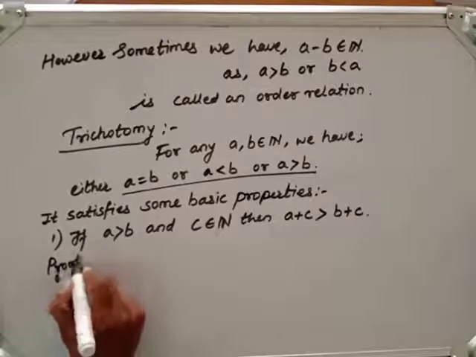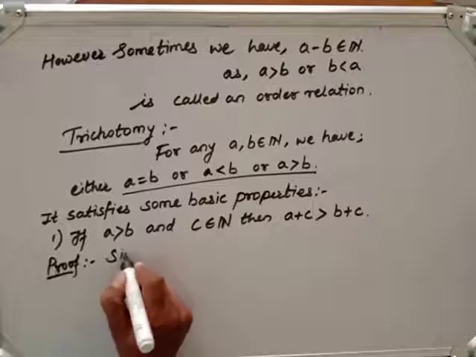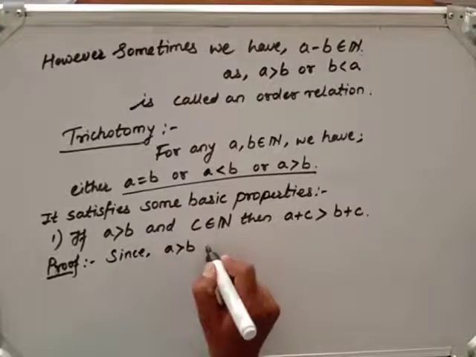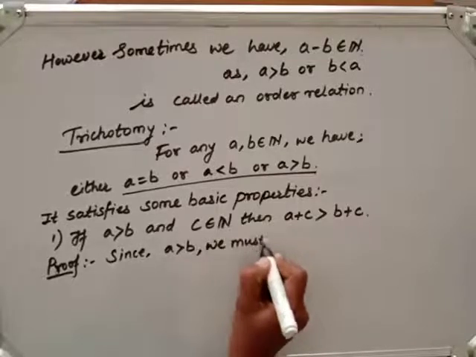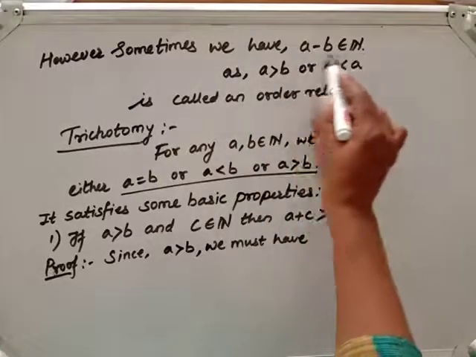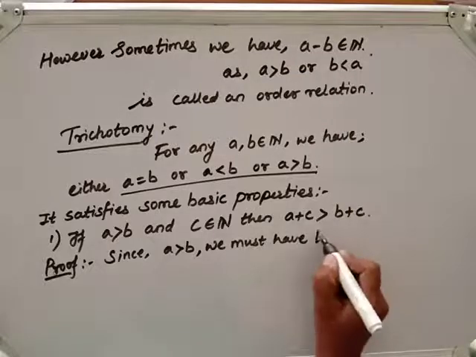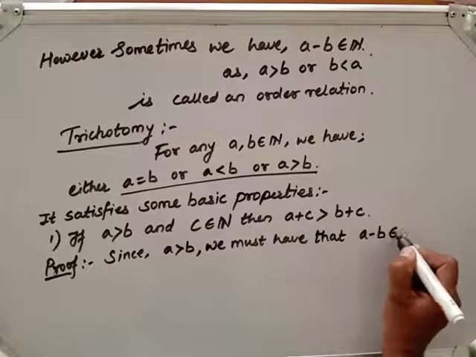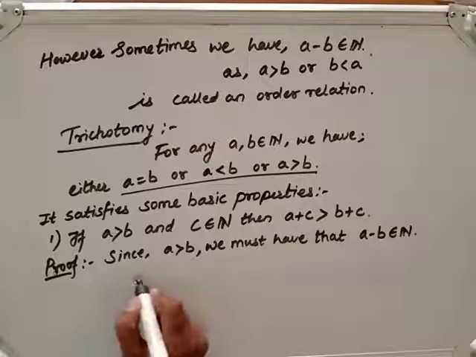Let me write one proof here. Since a is greater than b, we must have that a minus b belongs to the set of natural numbers.